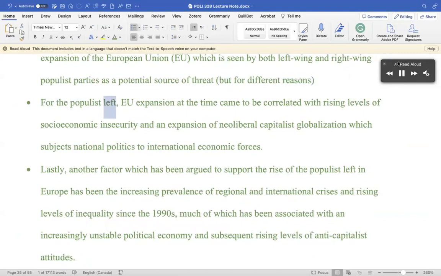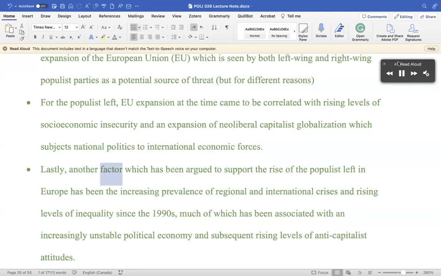For the populist left, EU expansion at the time came to be correlated with rising levels of socio-economic insecurity and expansion of neoliberal capitalist globalization, which subjects national politics to international economic forces.